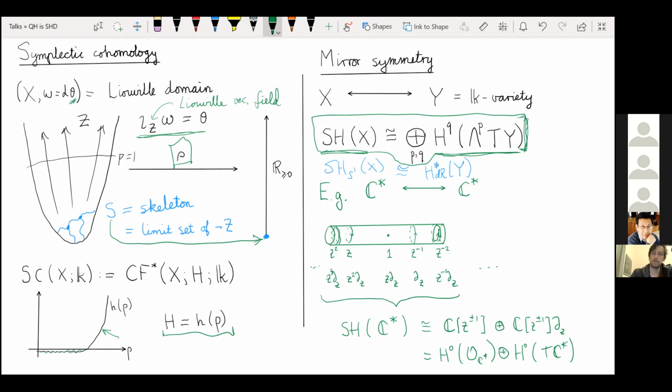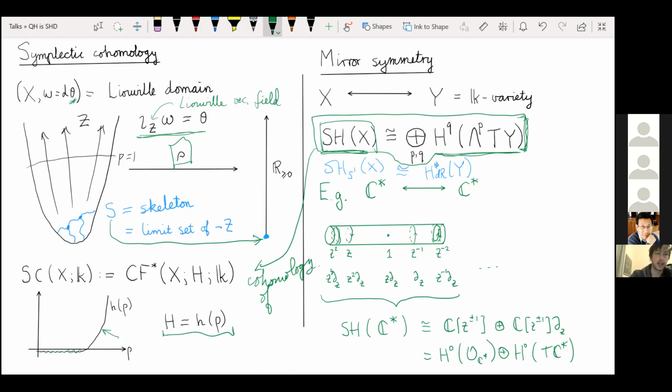Can I try to understand? SH is the symplectic cohomology of X, where X is a symplectic manifold. Yes, X is one of these Liouville domains. And the K is the coefficient for the quantum cohomology case, the field of rational functions with Q as a variable. Am I correct?